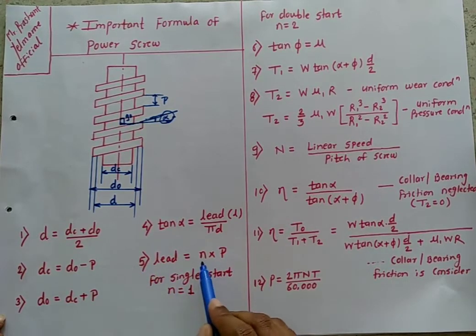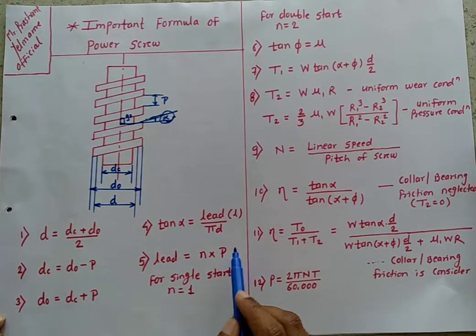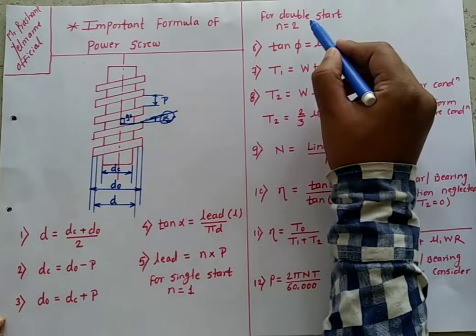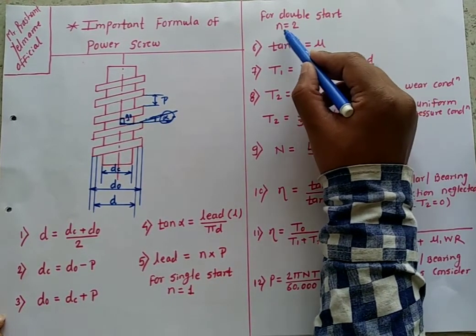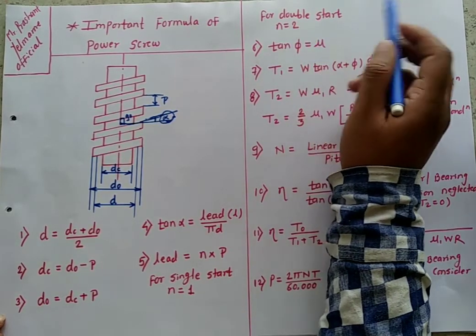Lead is calculated by using the fifth formula. Lead is equal to small n into pitch, where n represents the number of starts and small p is pitch. For a single start square thread, take n equal to 1. For a double start square thread, take n equal to 2, and so on.